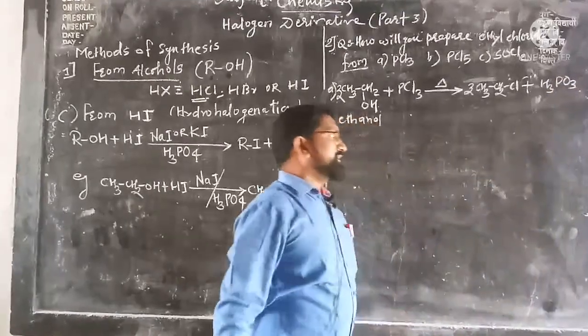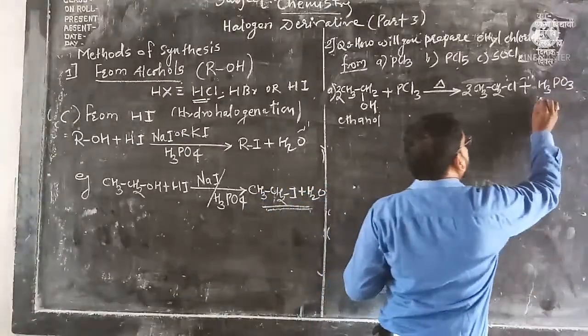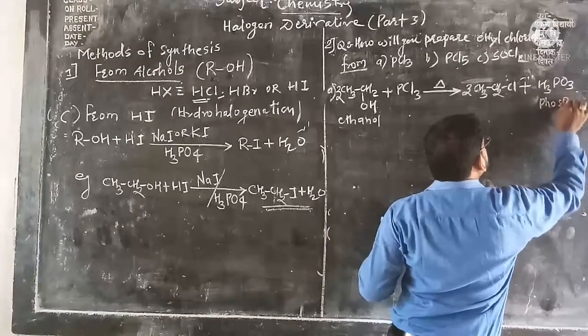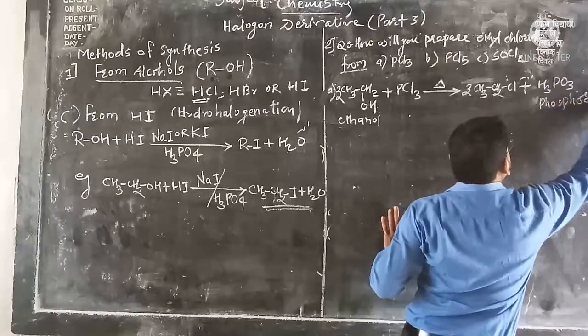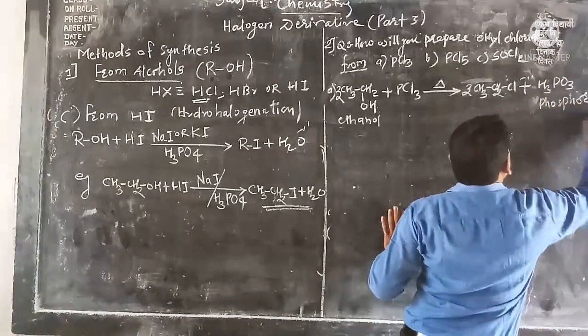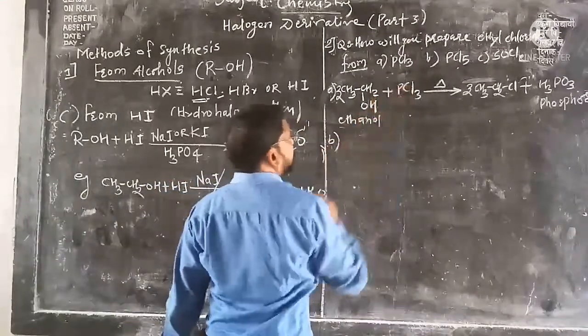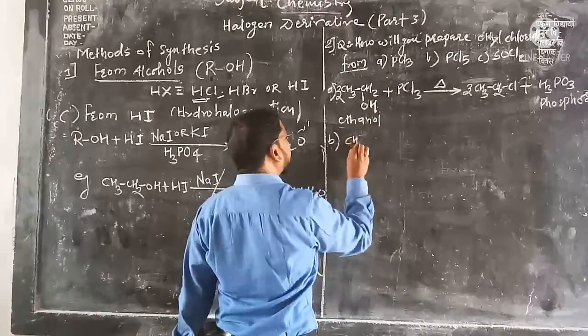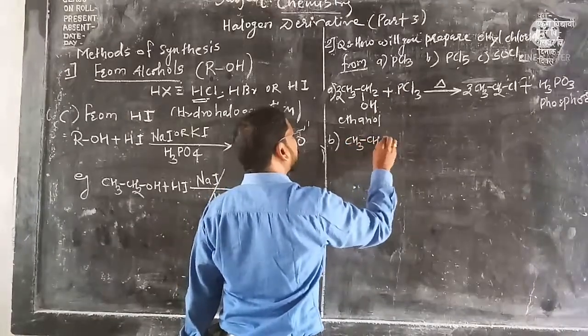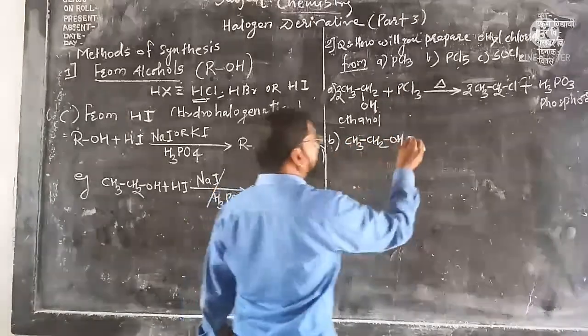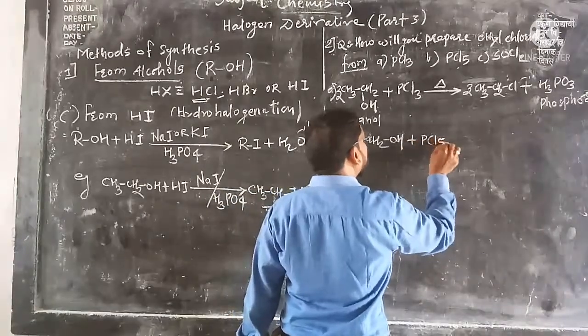The important byproduct obtained is called phosphorus acid, H3PO3.